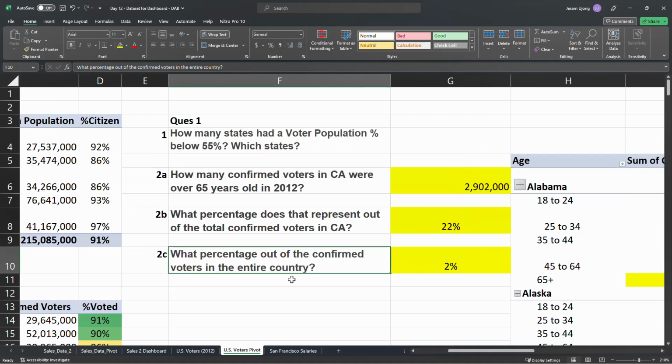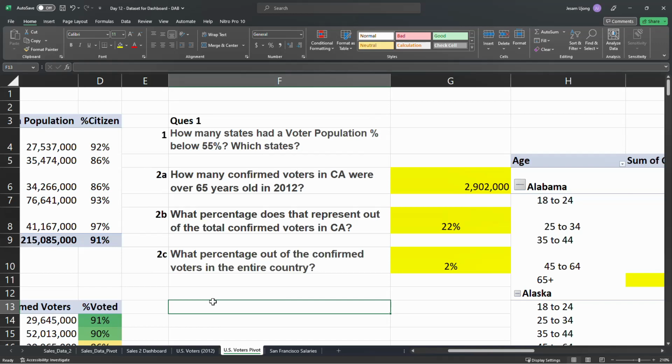So the question was, what percentage of the 65 plus confirmed voters in CA accounted for the confirmed voters, let me put that as CV, in the entire country for 2012?